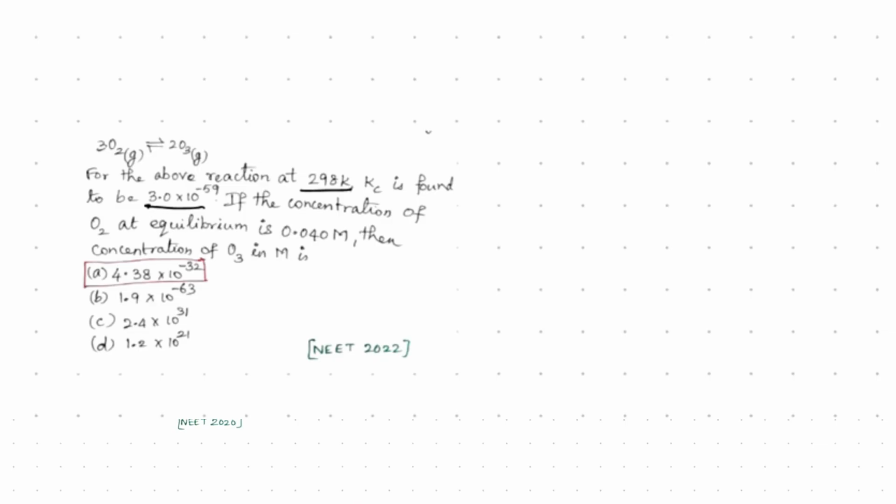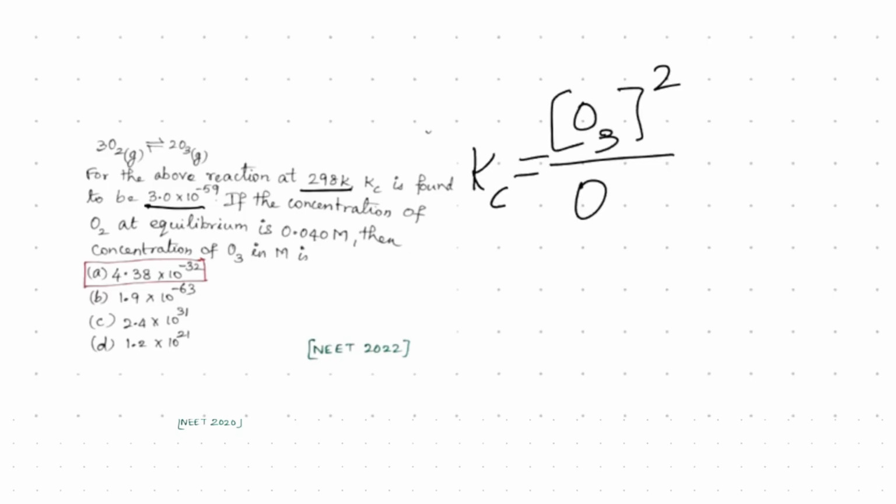Kc is equal to concentration of O3 power 2 divided by concentration of O2 power 3. O2 concentration is given. Kc value is there. Substitute those values and work out. You will get the concentration of O3 and you will get the answer as 4.38 into 10 power minus 32.